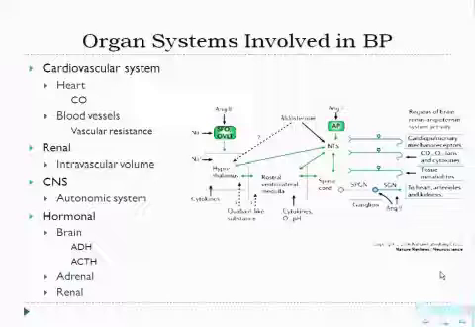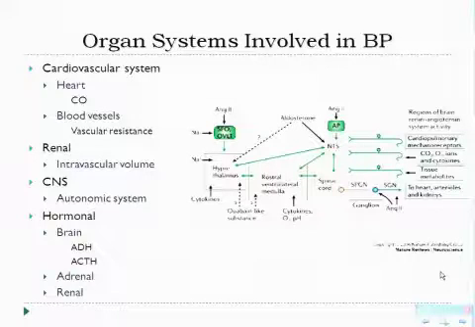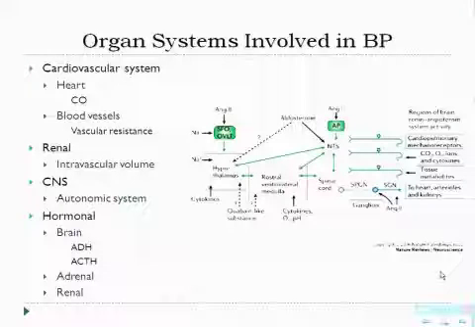But if you look at the other organ systems that are involved, ultimately how much volume you have in your body is dependent on the kidney. The intravascular volume is controlled by the kidney, and as a consequence has long-term regulation effects and long-term hypertensive effects as well. The central nervous system is the main system that regulates your autonomic nervous system, and that can go out of whack in certain situations and cause hypertension.